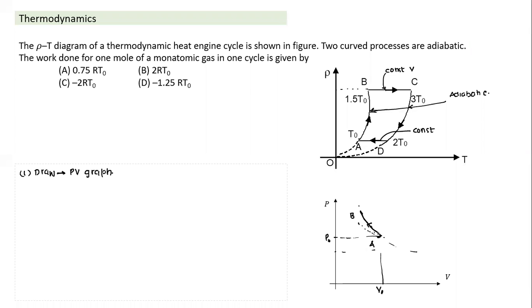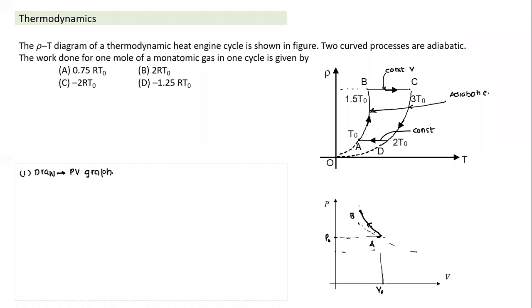So what happens to temperature? The adiabatic curve goes above the isothermal curve, hence temperature will rise, which matches here. Initial temperature is T naught, and temperature has increased. So this is A to B.